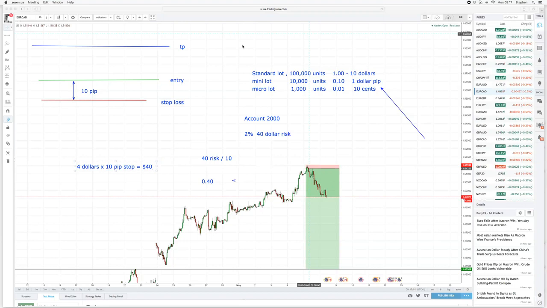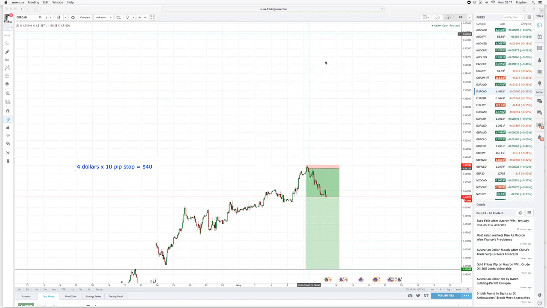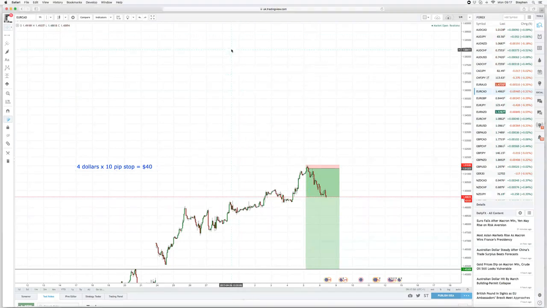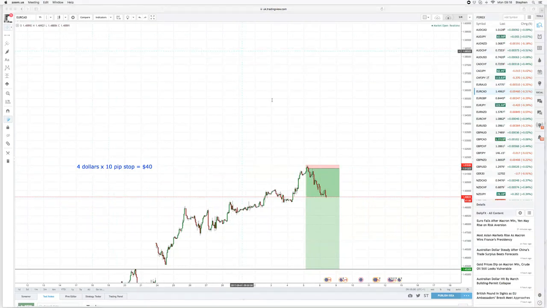So I'm going to do one more example for you guys. I'm just going to clear all the drawings. We're going to have a £1,000 account. We're going to be risking 3%, and we want a 20 pip stop loss.